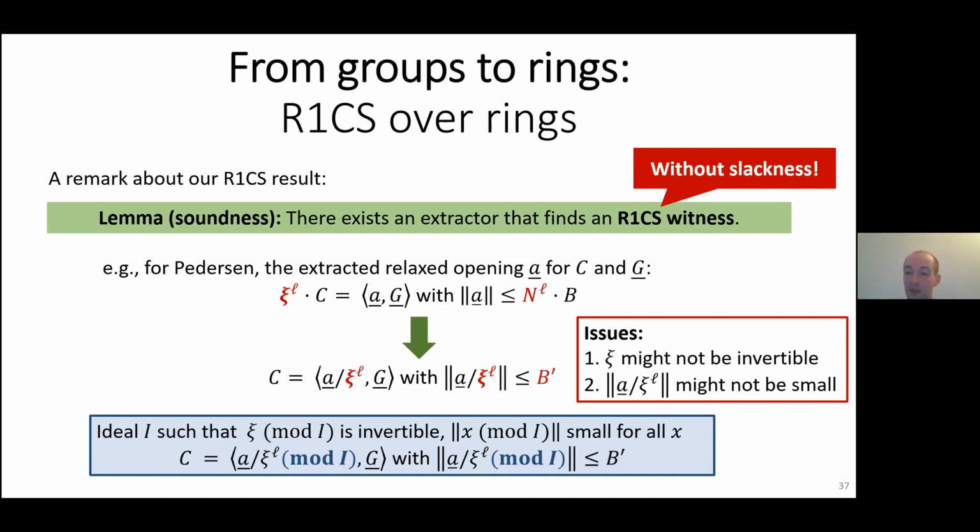And by interpreting all the commitments and their openings over this quotient ring, we can deal with the fact that we can only have relaxed openings to Pedersen commitments, and we wind up with exact witnesses for R1CS statements over these special quotient rings.